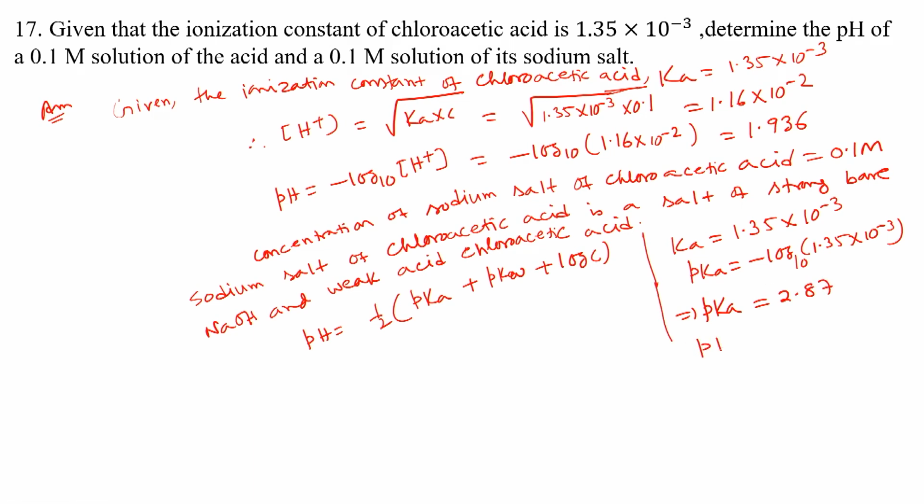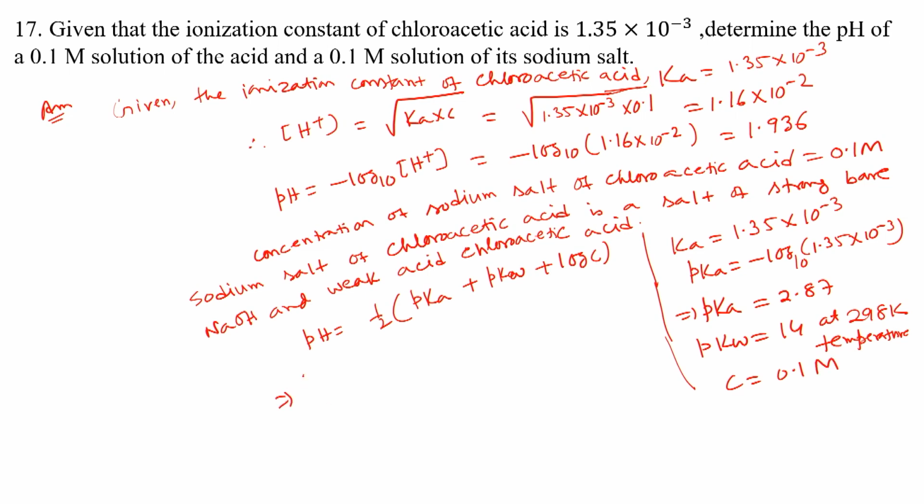And pKw we know, pKw is 14 at room temperature, at 298 K. And C is 0.1 molar. So we substitute these values to calculate the pH of the sodium salt of chloroacetic acid.